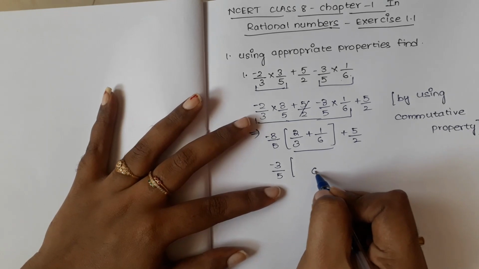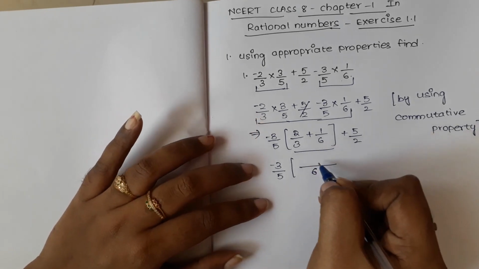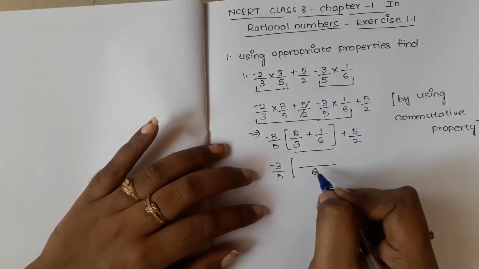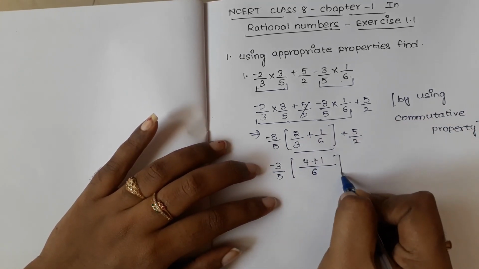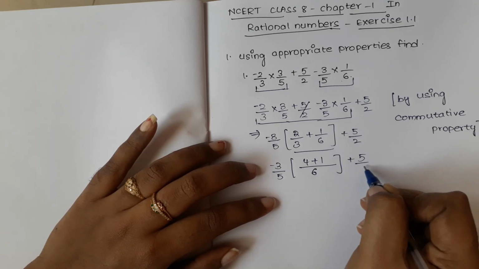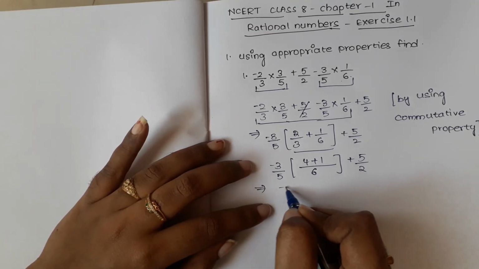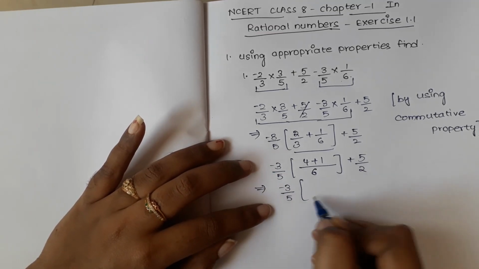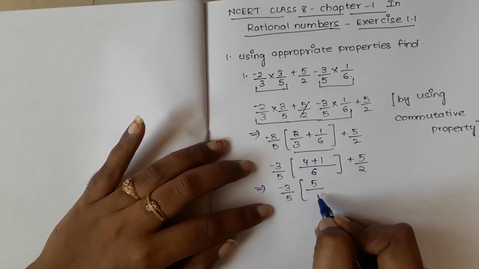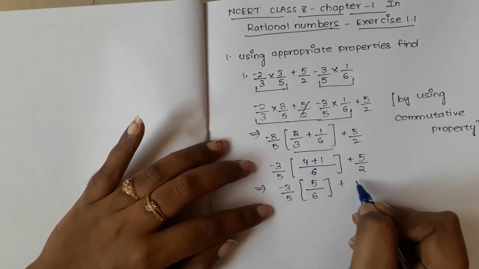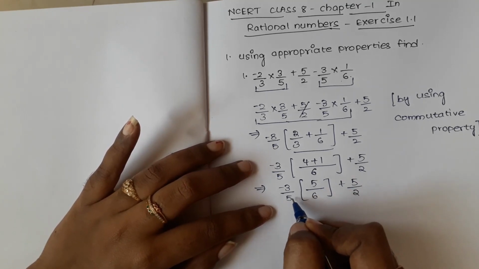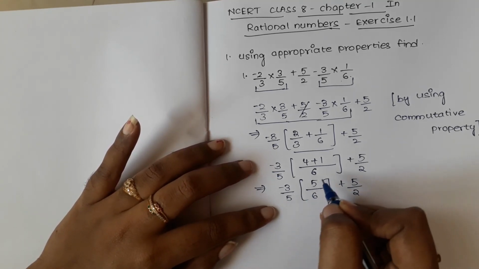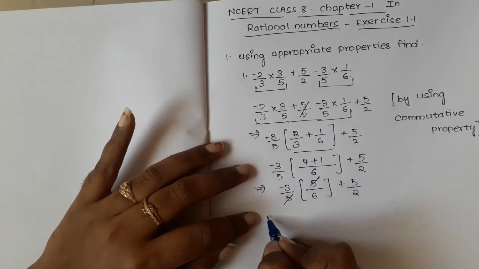For 3 and 6 take the LCM as 6, and for 3, 2 is the factor, and 2 2s are 4, plus 1 by 6, plus 5 by 2. From this, minus 3 by 5 into 5 by 6 plus 5 by 2. Here the 5 in the denominator and the 5 in the numerator get cancelled.